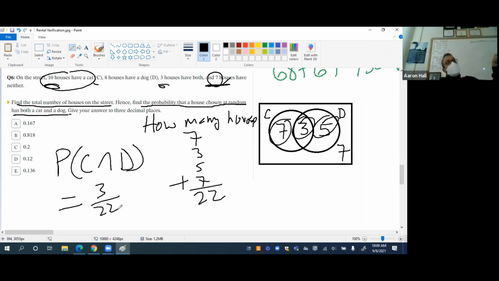Out of the total number of outcomes? 22. So throw that in our calculator. 3 divided by 22 gives us approximately 0.13636, which would be this one here. There we go.